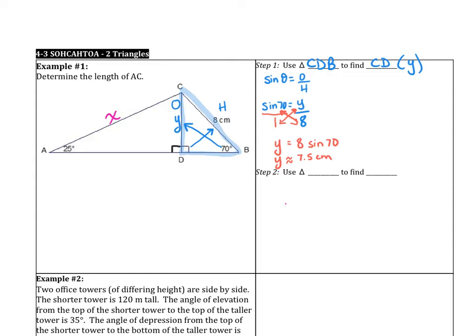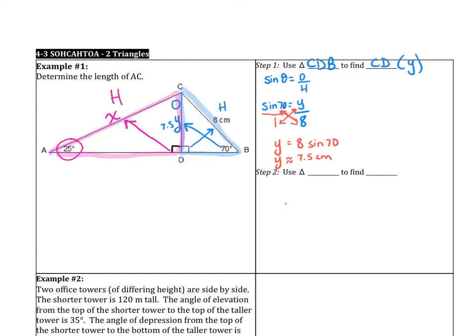Now what we want to do is look over in this triangle. So we know that this side is 7.5. So now we're going to focus on this triangle. And in this triangle, we know that the hypotenuse is what we're trying to solve for.